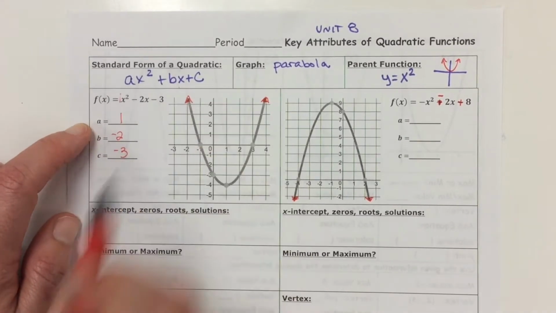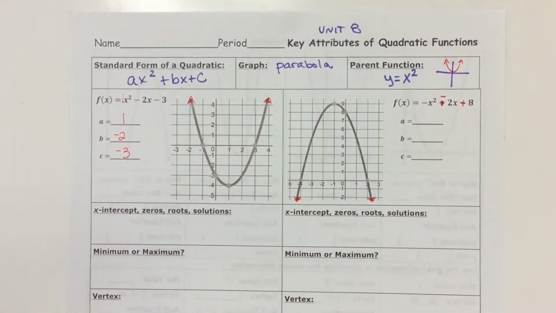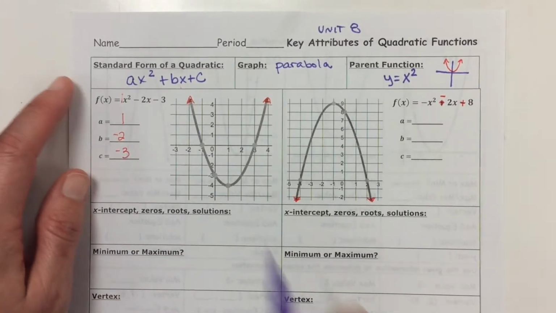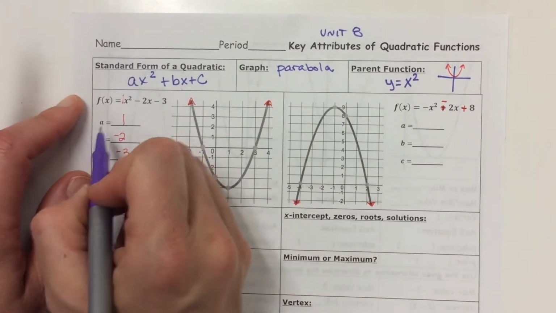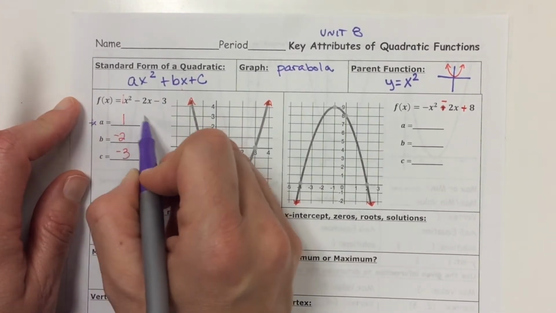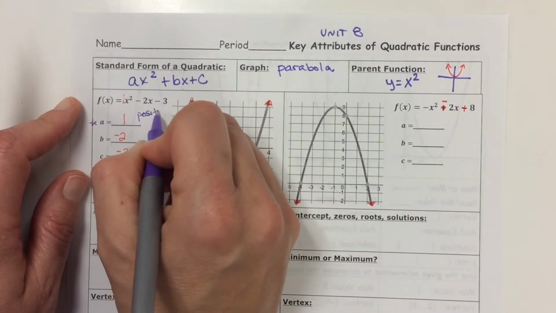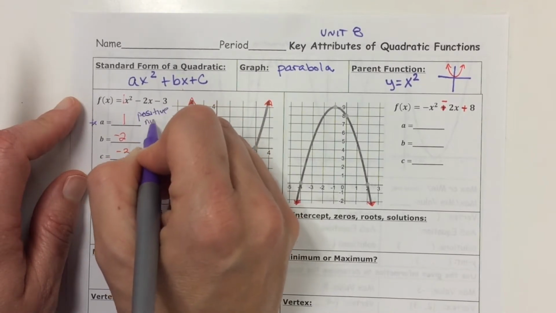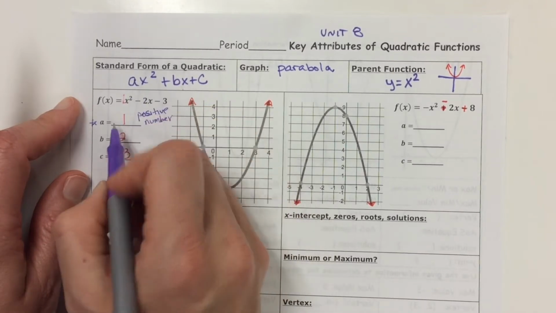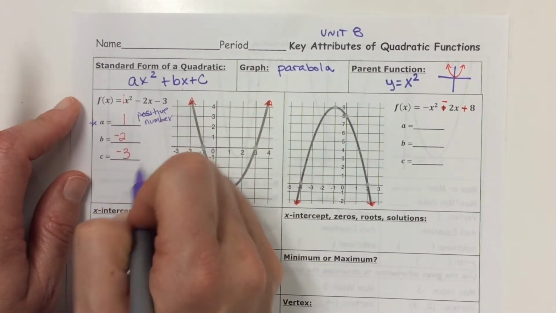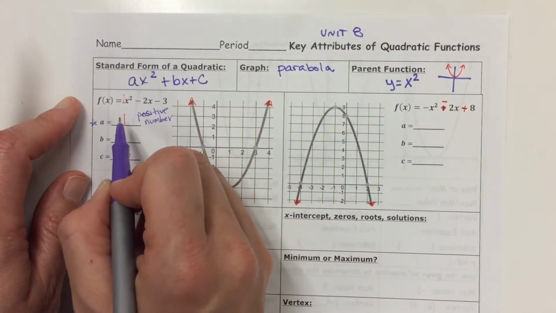When we look at an equation, there will be two things that we can quickly see or know about the parabola. The first one revolves around the a value. If the a value is a positive number, it could be positive 1/2, positive 2/3, positive 7.